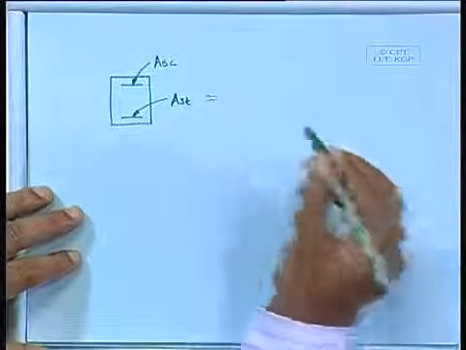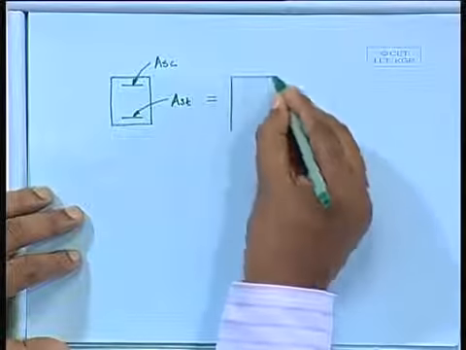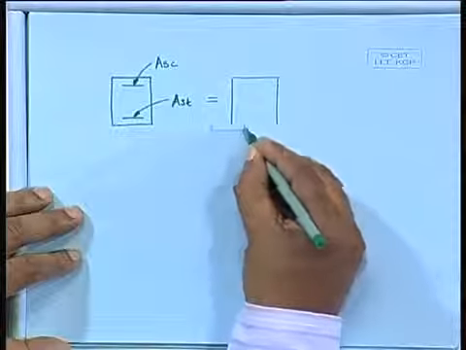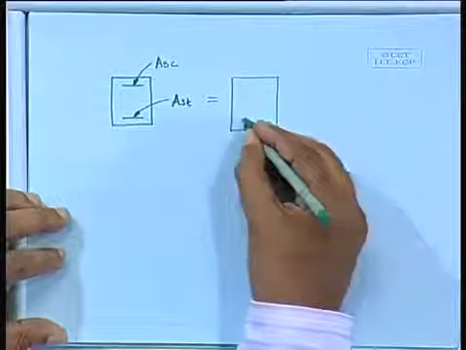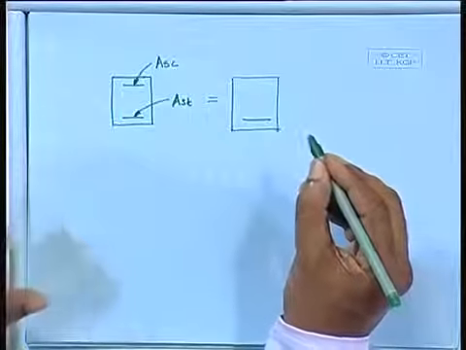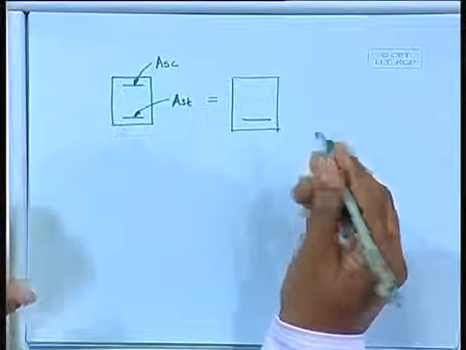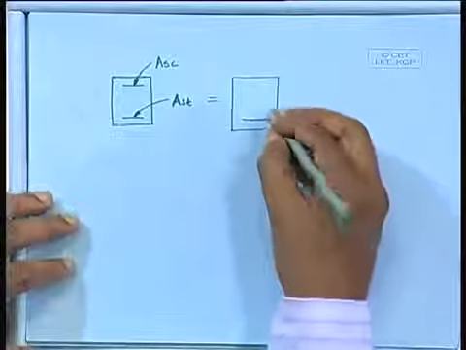We can say this beam can take a portion as a singly reinforced one, that means the moment of resistance if we consider it as a singly reinforced section with steel only in the tension side.